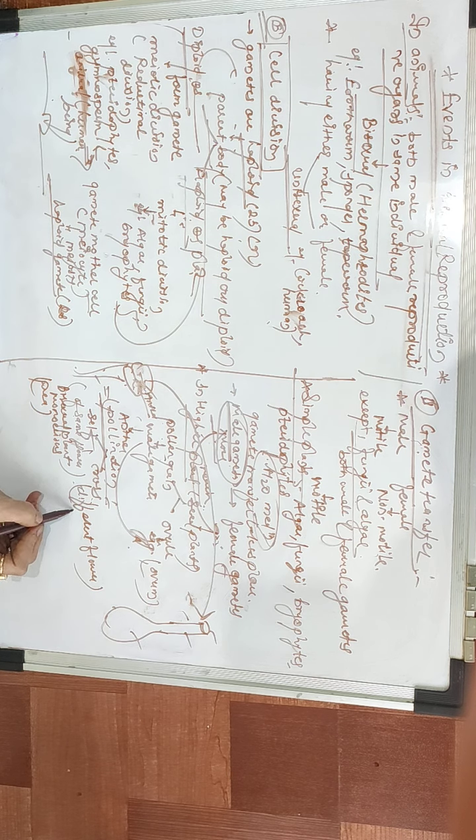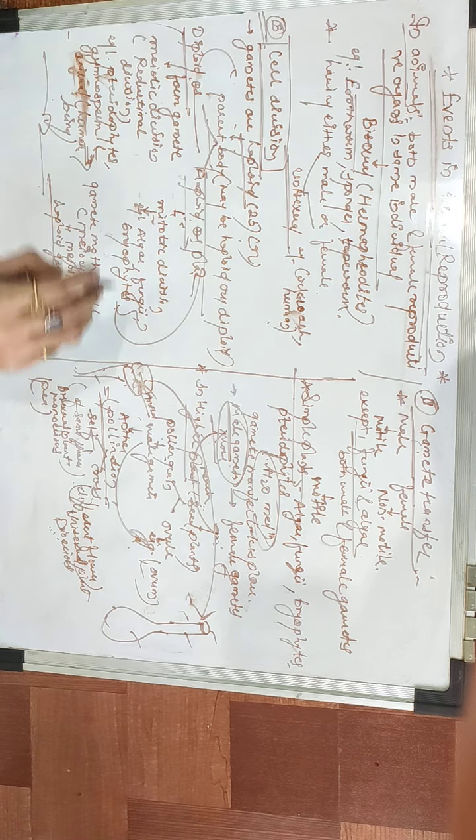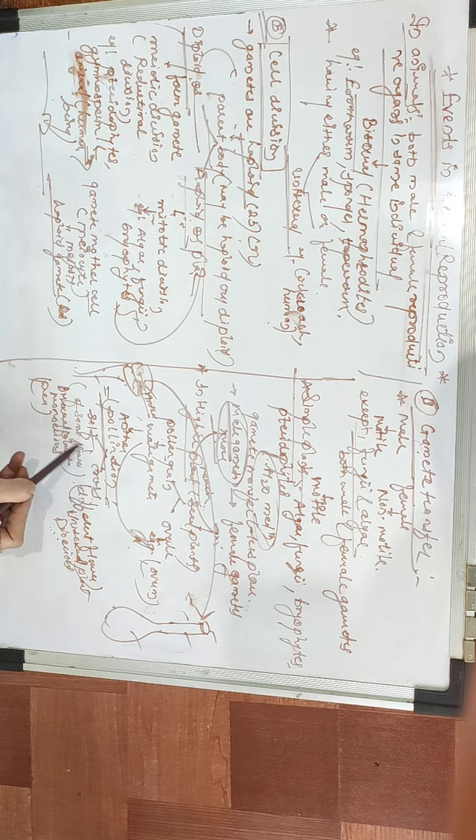And cross pollination occurs in unisexual plants, and this unisexual condition is known as dioecious, right? Understood? So this is called self pollination, this is called cross pollination.